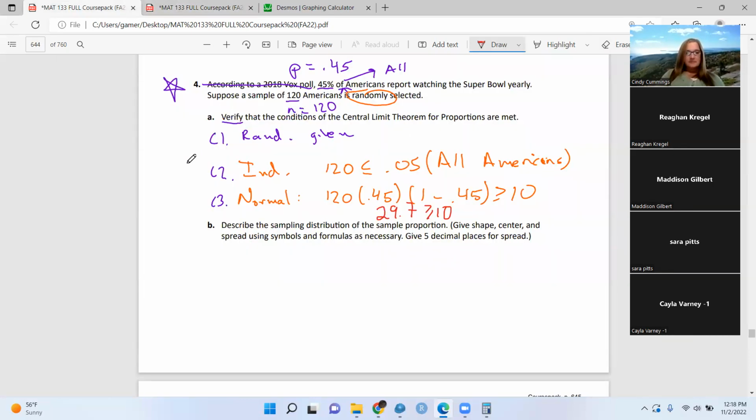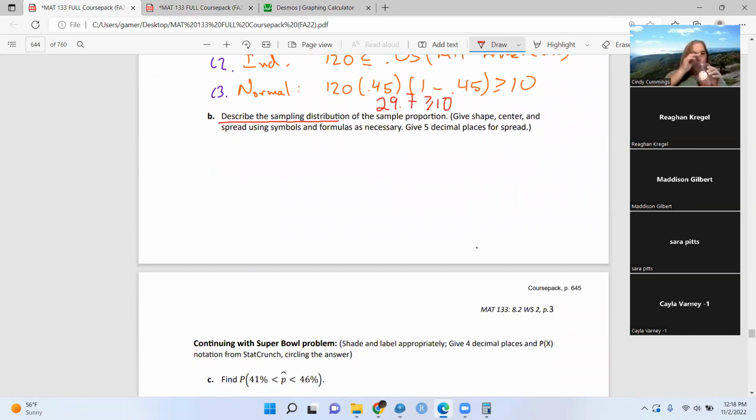Right, because we've said all these things are true, we now get to describe the distribution. Love it. Shape, center, spread. It's approximately normal. Now, if you just write normal, I'm not going to take off points. I'm always going to write approximately normal because it's always approximately normal.